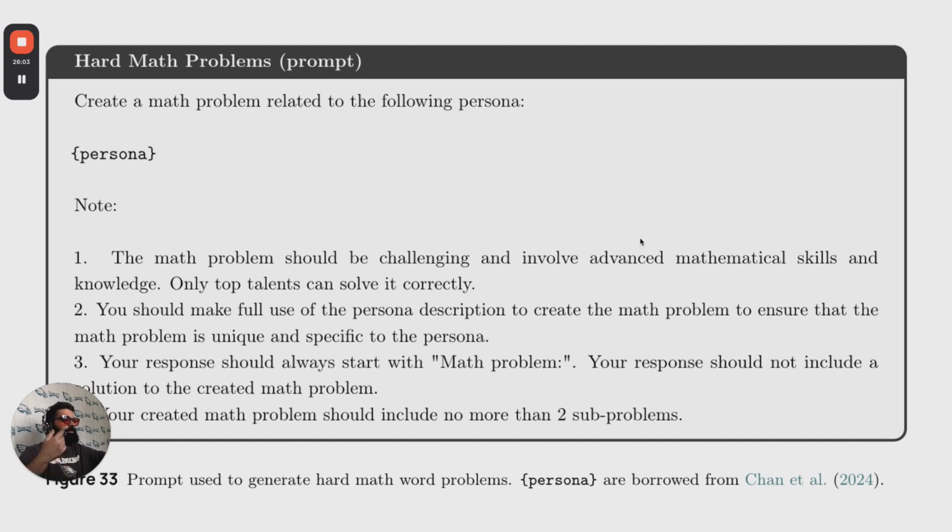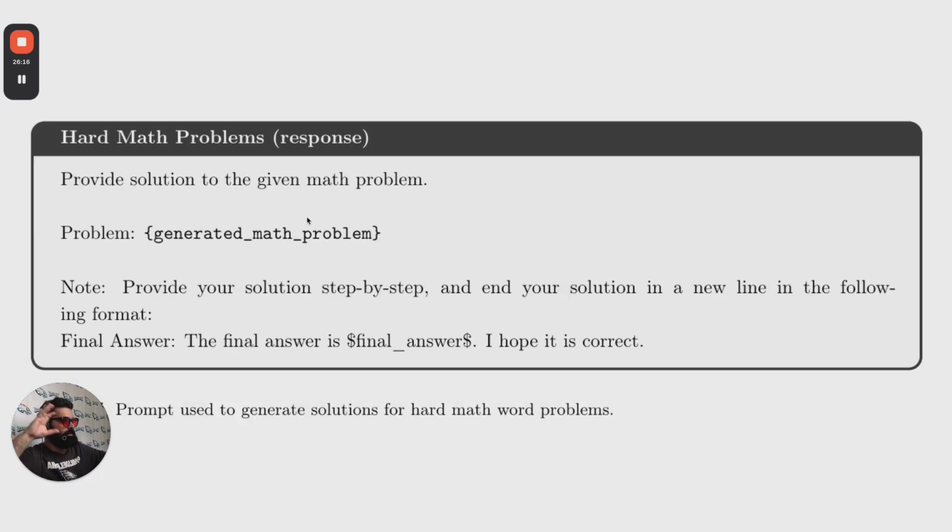And similar to the instruction following, we have the prompt to create more prompts. So they give it a persona, and then they give it some instructions on how the response is formatted. And then they take that generated math problem and they say, hey, given this problem, provide a solution and make sure the final answer is in between dollar signs and says, I hope it is correct.